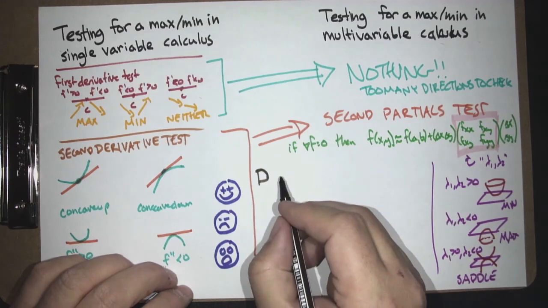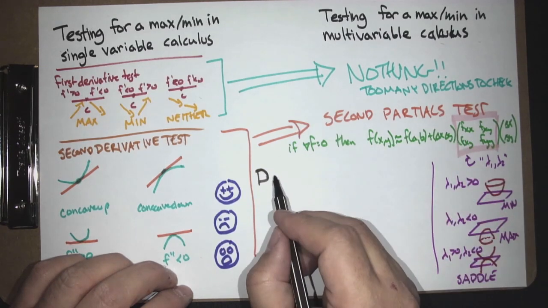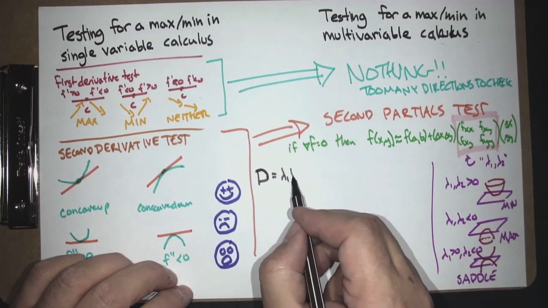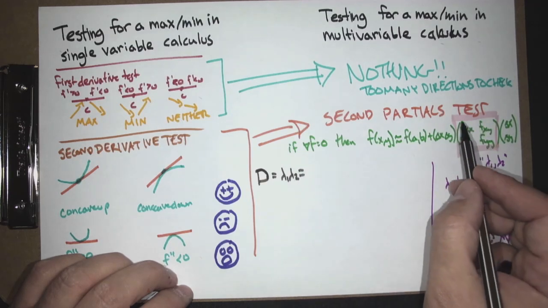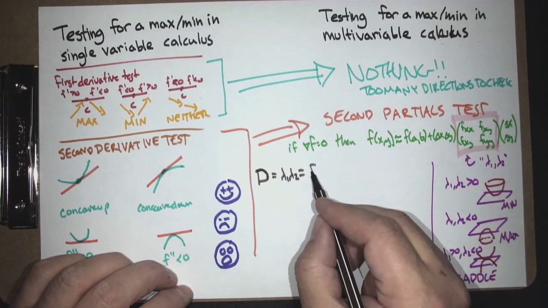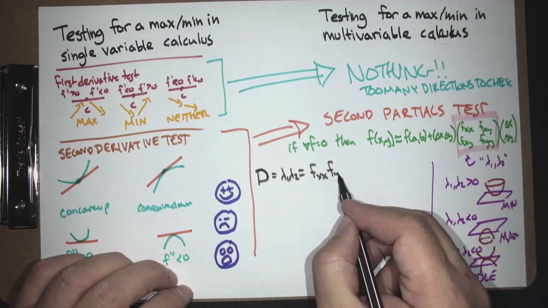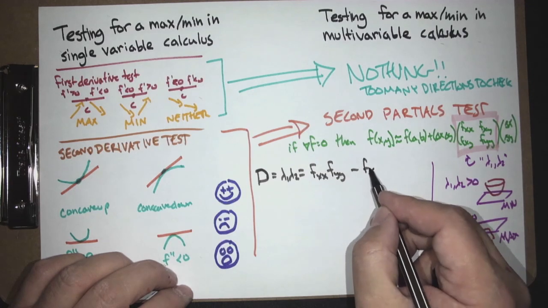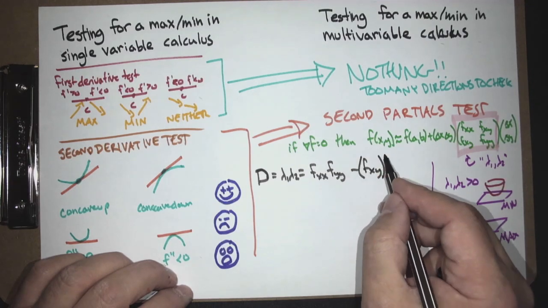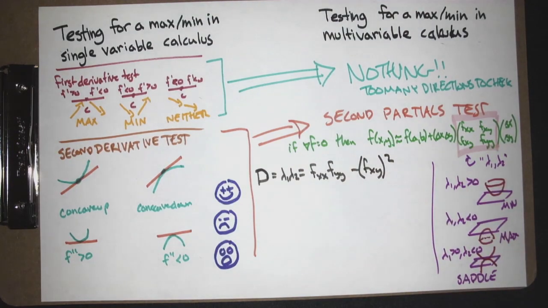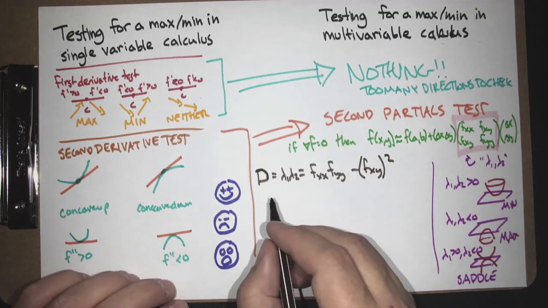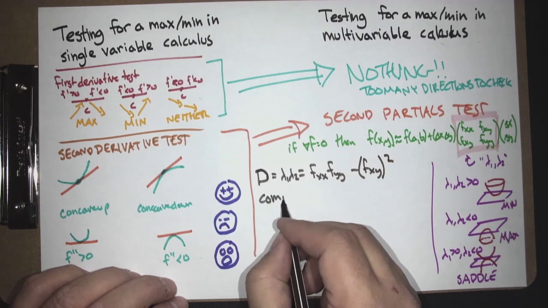That's all right, we're environmentally friendly. So D, which is lambda 1 times lambda 2, is the 2 by 2 determinant, fxx times fyy minus fxy squared. So compute D at your critical point.